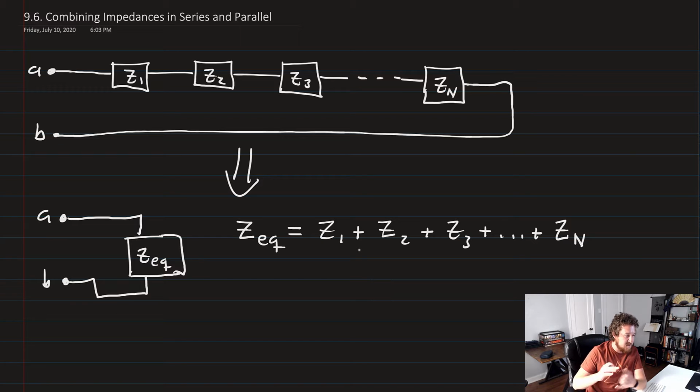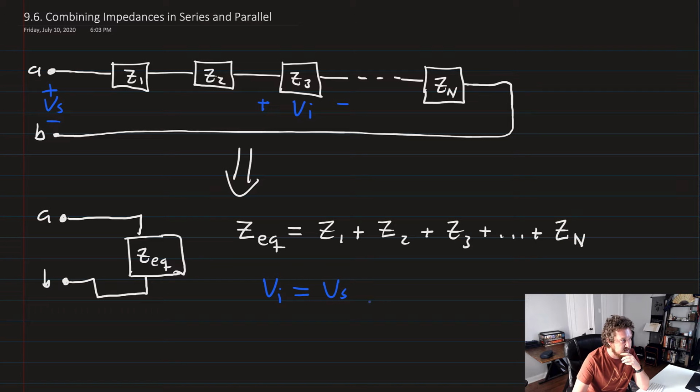Once you get those inductors and capacitors converted into phasors, everything acts like a resistance when it comes to equivalent impedances in series. One other thing to look at is the voltage across a certain impedance. Let's say we wanted to find V sub I across one of these impedances. If we had a voltage source at A and B, the voltage V sub I is exactly the same as the resistive voltage divider.